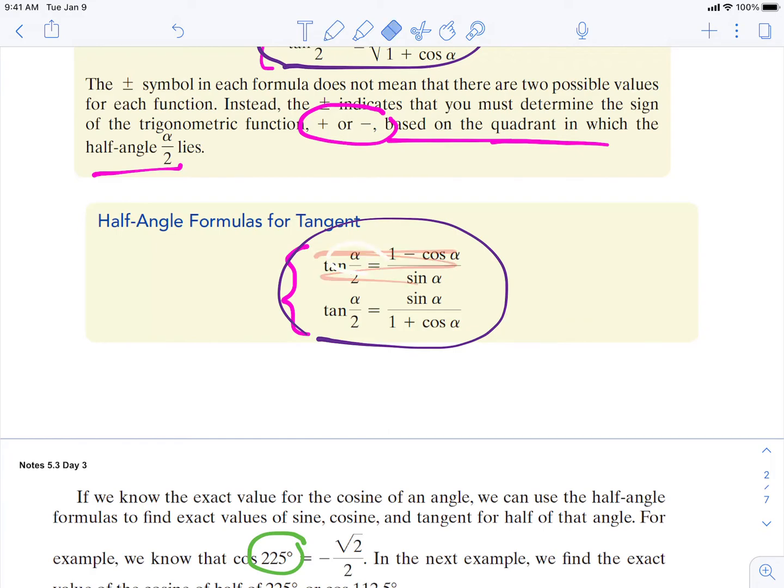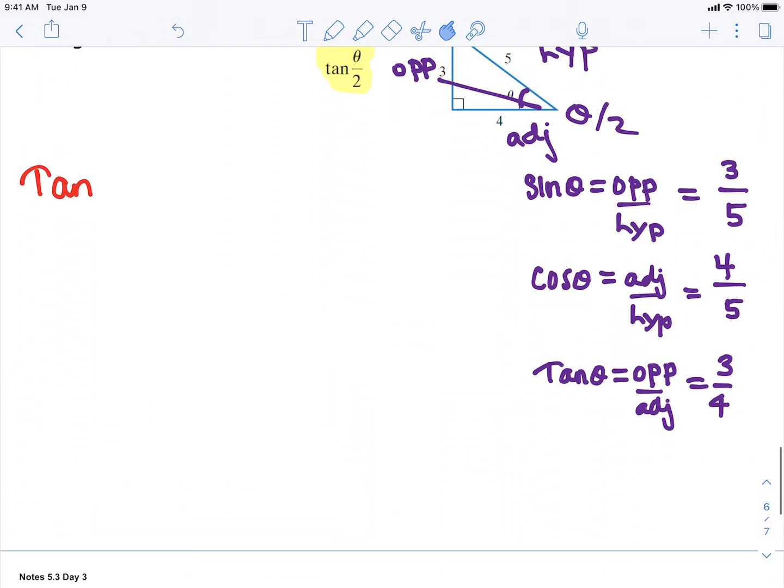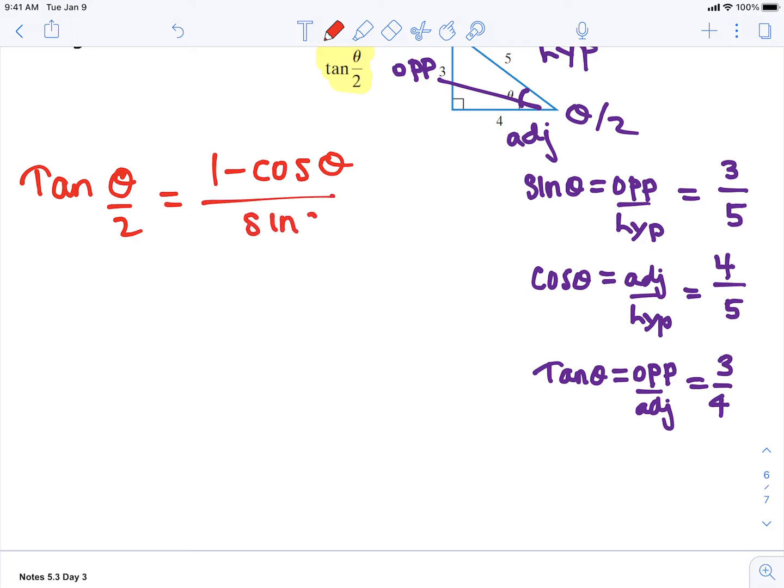Oops, I wanted to highlight that. Let's use that top one. So that top formula says the tangent of theta over 2 equals 1 minus the cosine of theta, over the sine of theta.